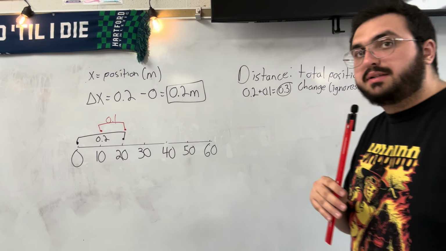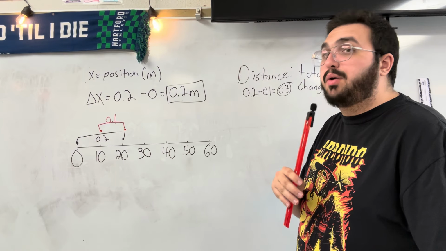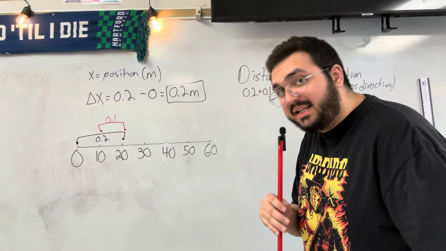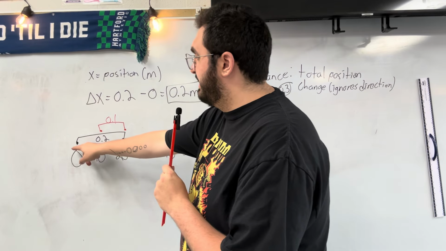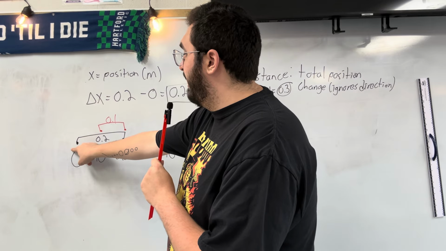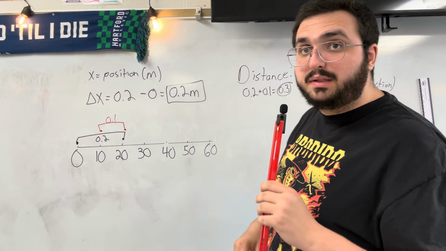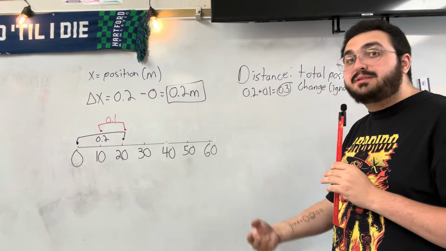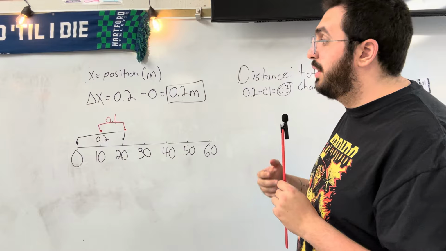Displacement, on the other hand, does care about direction. Displacement only cares about where we started and where we ended up. So in this case, we started all the way back at 0. And we finished at 10, or 0.1 meters. So according to displacement, our displacement was actually only 0.1.